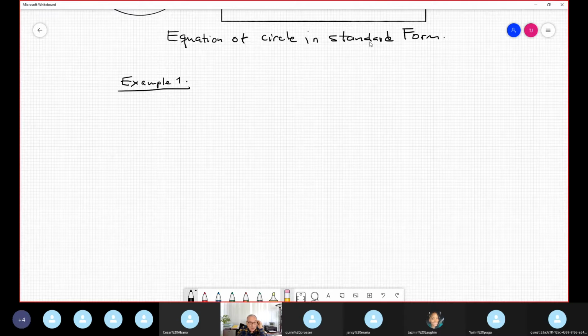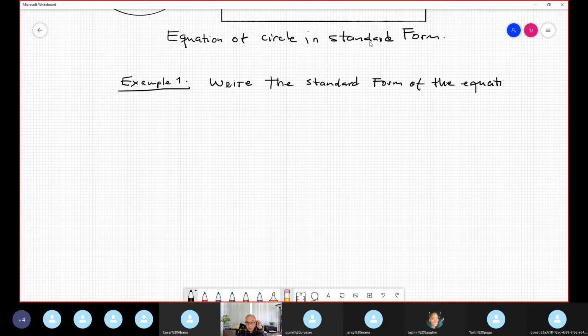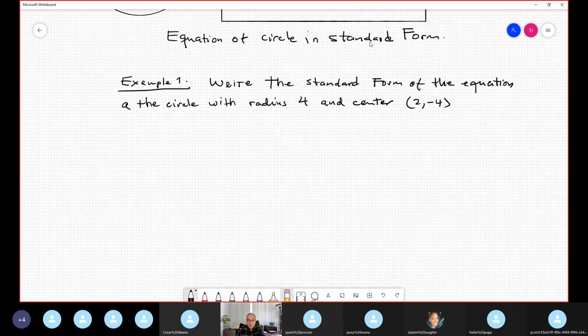Write the standard form of the equation of a hypothetical circle with the radius equal to 4 and a center at the point (2, -4). This is the information.